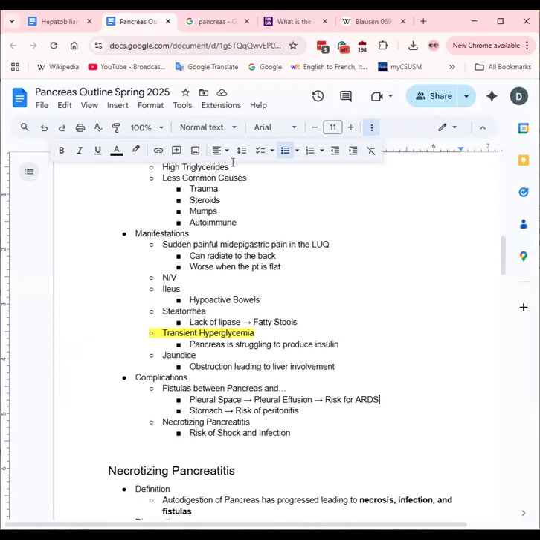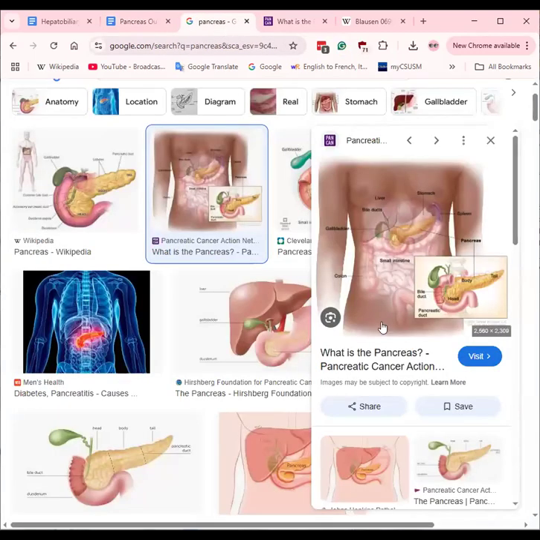So the main idea is that the ARDS and the peritonitis risk, two of your main complications with acute pancreatitis, are caused by fistulas. And those fistulas are created because of the pancreas digesting itself, breaking all the way through and then making a connection with something else. Does that make sense?